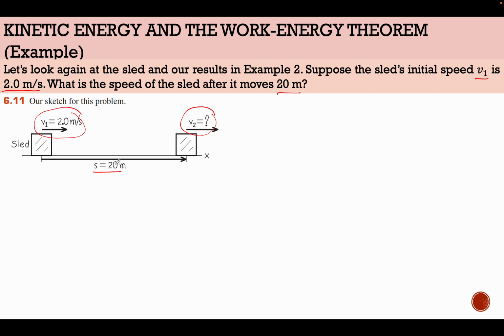So how can we solve for the final speed of the sled after it moves 20 meters? Our given are the initial speed, which is 2 meters per second, and also the distance, which is 20 meters.